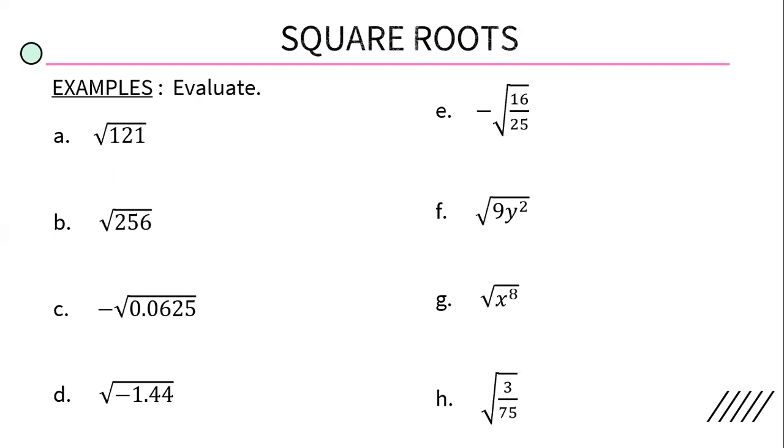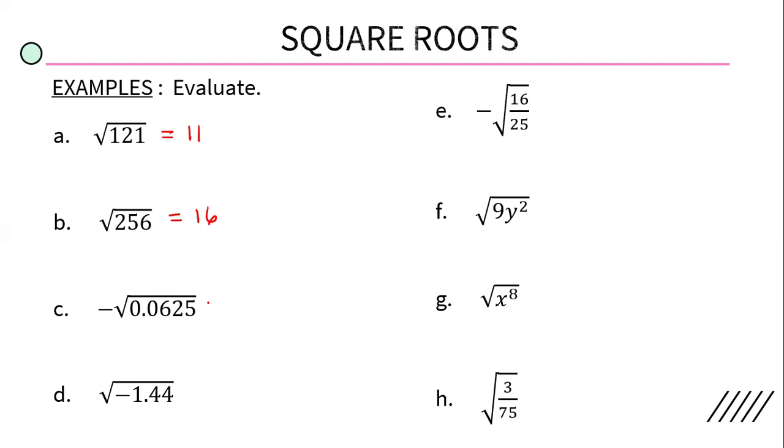So the square root of 121, this one we know, would be positive 11. Again, we're only using the positive one. The square root of 256 is positive 16. Again, we're just using the radical symbol. Insert the radical symbol and whatever number is underneath it.